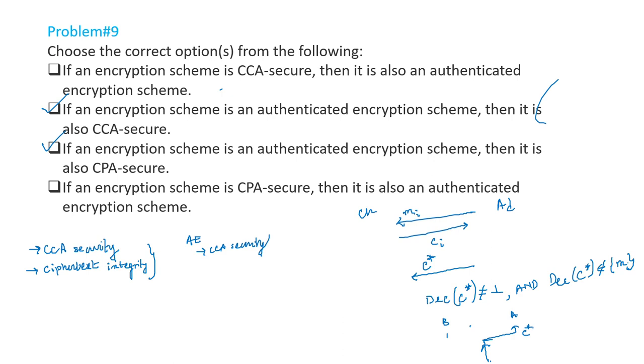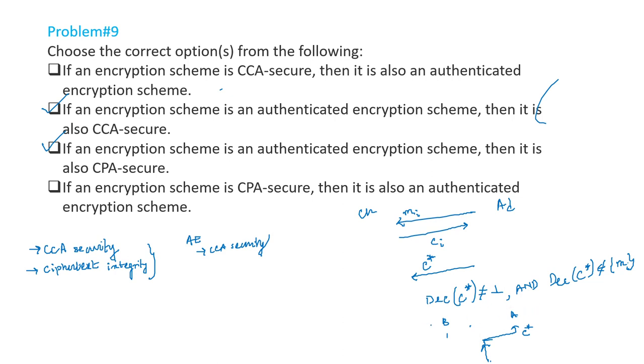But still it is able to forge a ciphertext such that that ciphertext decrypts to a valid message which was never seen by the adversary. For a new message it is able to forge a valid ciphertext. So if an adversary is able to do that, then ciphertext integrity is broken.